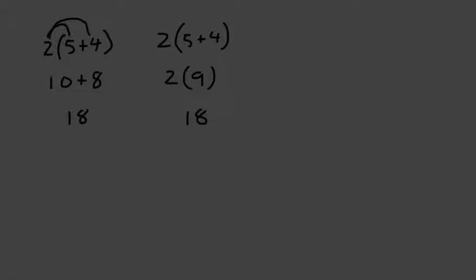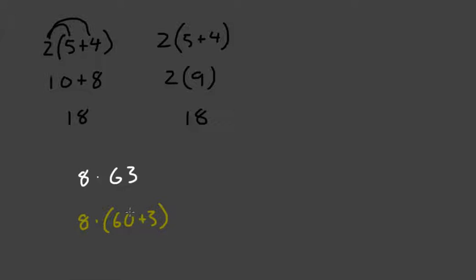And the way you could use that is to make things that seem a little more complicated a little easier. So for example, say you had 8 times 63, all right? You could change that 63 into 60 plus 3, so you could do 8 times 60 plus 3, all right?